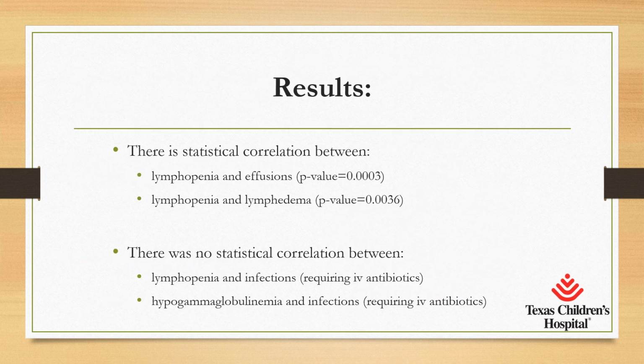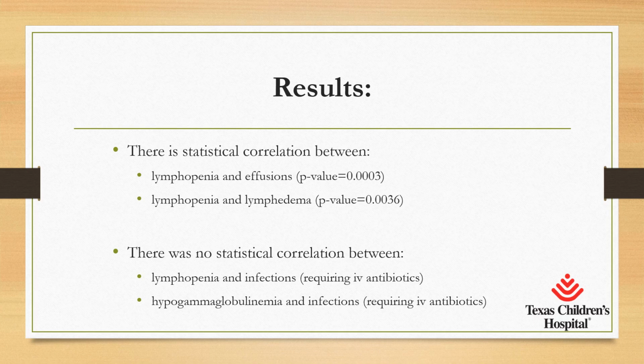We did find statistical correlation between lymphopenia and effusions, between lymphopenia and lymphedema, and again, it makes sense because in effusions you have a large volume of lymphatic fluid that is not drained within the main circulation, and lymphedema the same. So lymphedema can trap a very large amount of lymphatic fluid in the tissue.